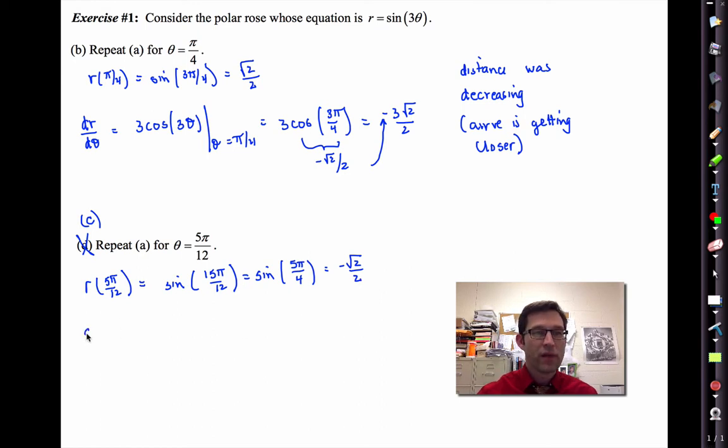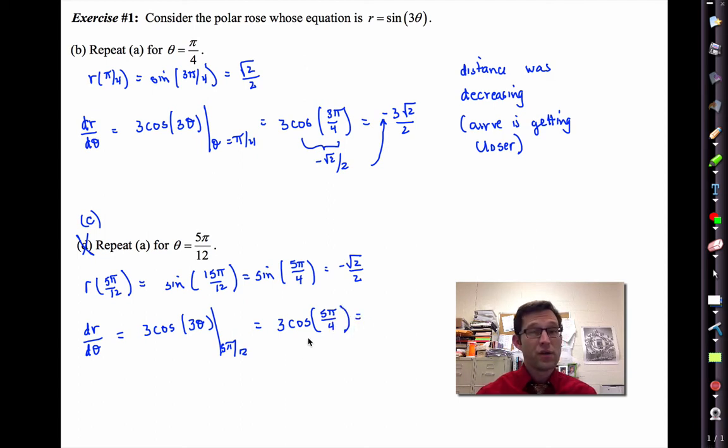All right, whatever. Dr d theta is going to be 3 times the cosine of 3 theta at 5 pi over 12. That's going to be 3 times the cosine of 5 pi over 4. Again, I'm going to use my answer from last time to help me. Also negative, so we get negative 3 times root 2 over 2.